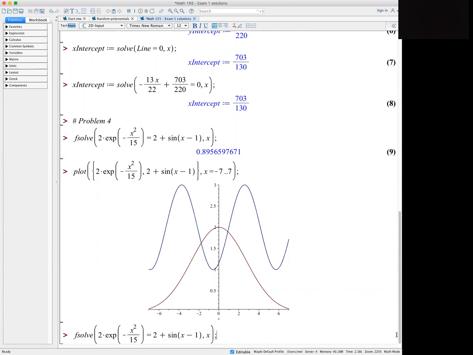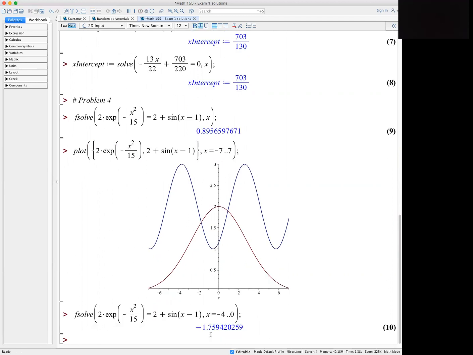So we say fsolve, but now let's give a range of value for x going from maybe -4 to 0. And now we get the negative solution. But we really had to force Maple to do this. So here's one solution and here's the other. Without prodding, Maple found one solution but didn't find them all in this case.